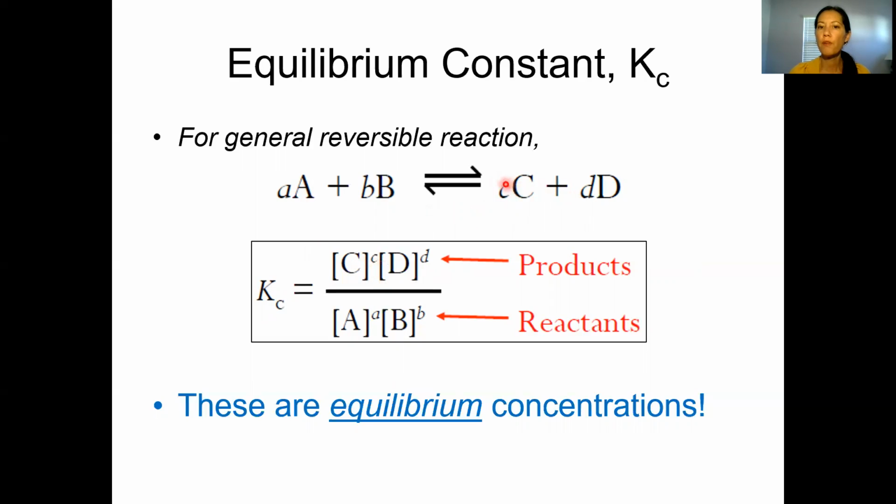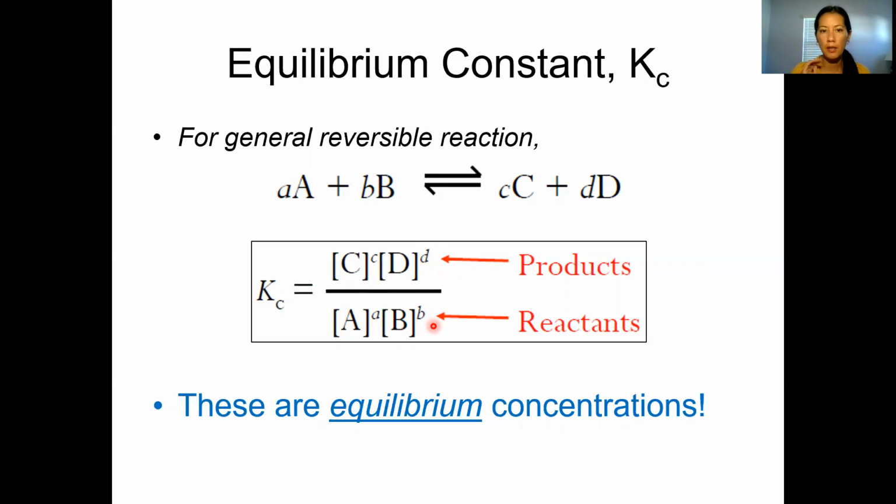Do you see how the coefficient of product C is little c? So we write the concentration, which is the molarity in this case, to the little c power. And then big D, the product D, its concentration, molarity, to the little d power, divided by the reactants to their coefficient power. So big A to the little a power, and then big B to the little b power. Okay, this is important for you to write.